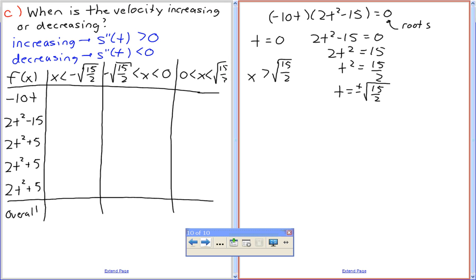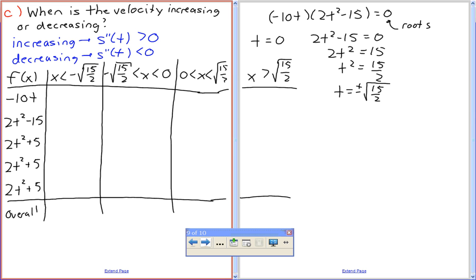Why did you write the 2t squared? Oh, yes. Now we're just going to pick numbers. If you want to, you can just write it as a cube, but this visually makes you see what happens.